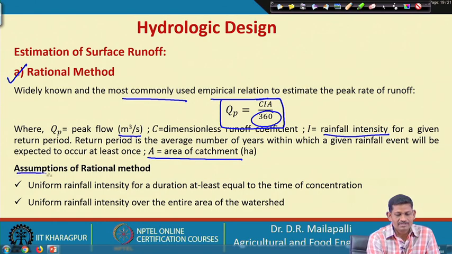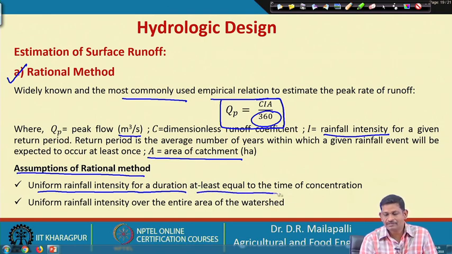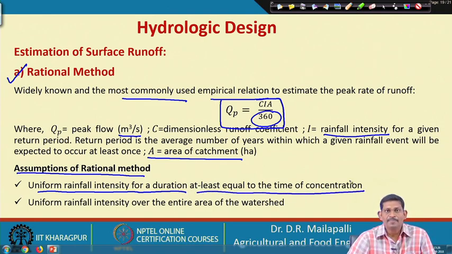The basic assumptions in the rational method are uniform rainfall intensity for a duration at least equal to the time of concentration. This is very important because the time of concentration will lead to the peak runoff rate.